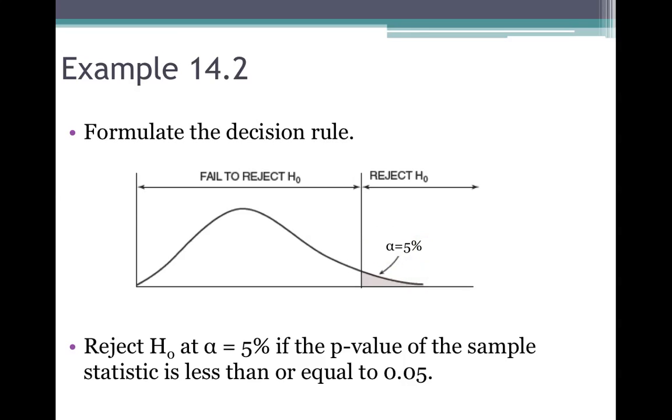So reject H0 at alpha equal 5% if the p-value of the sample statistic is less than or equal to 0.05. So our decision rule has remained constant through every hypothesis test that we've done in this class. Every time we need to construct a decision rule, we always want the p-value to be smaller than or equal to alpha. And alpha will either be 1% or 5%.